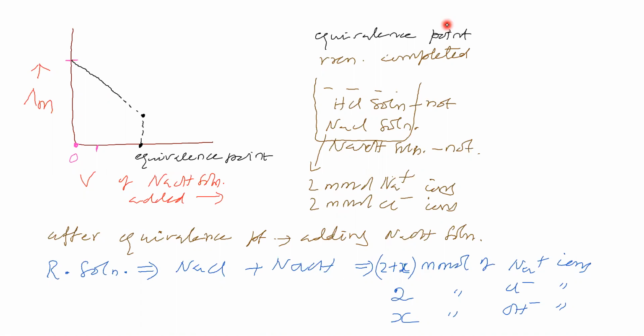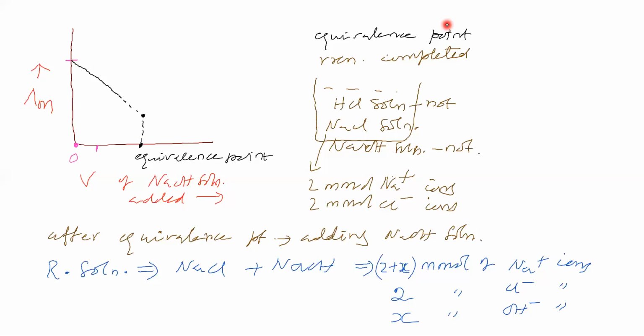Now see, in the resultant solution, you see the total millimoles of ions. All these ions are carrying current: Na+ carrying current, Cl- carries current, OH- also carrying current. At equivalence point, ions are carrying current.